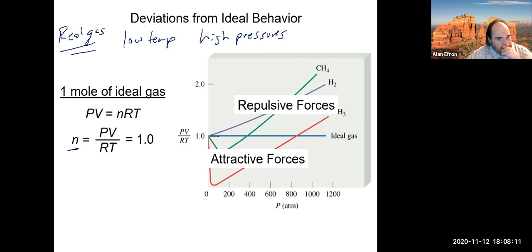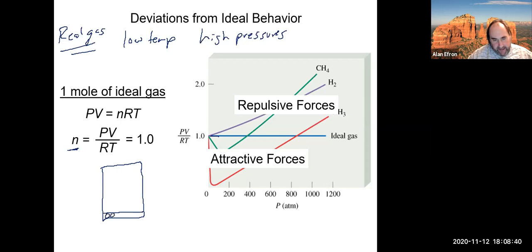The reason we don't take into account things like volume or attractive and repulsive forces is that under normal conditions, it's not a big deal. There's not a lot of interaction happening. But think about what happens when we have really high pressures. If you think of something like Boyle's law, a really high pressure usually means your volume is fairly low.